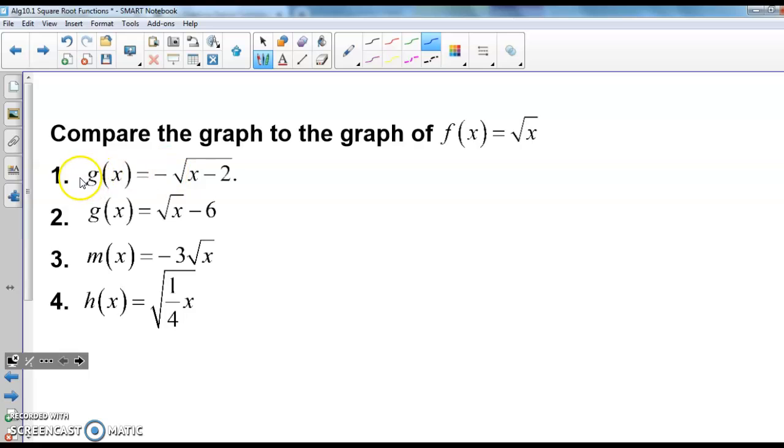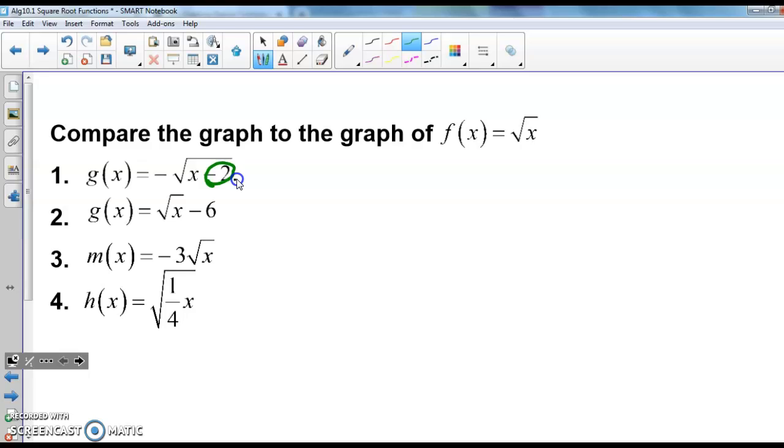For the first one, g of x is equal to negative the square root of x minus 2. First, let's look at the -2 under the radical sign. Why am I looking at the radical first?